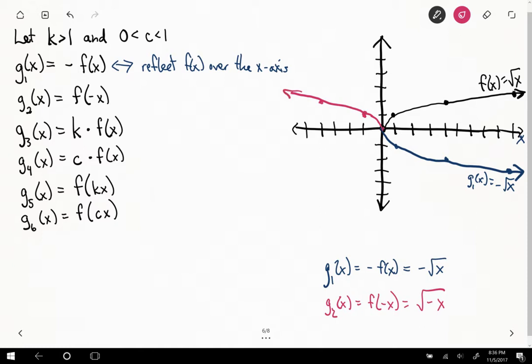What's happening to this curve? Well, it looks like this has been reflected. Our original graph has been reflected over the y-axis, and that's exactly what happens when that negative appears on the inside. And notice we aren't subtracting, we're multiplying the x by the negative. So this is reflect f of x over the y-axis.